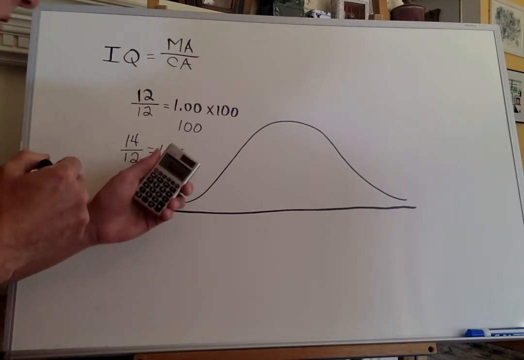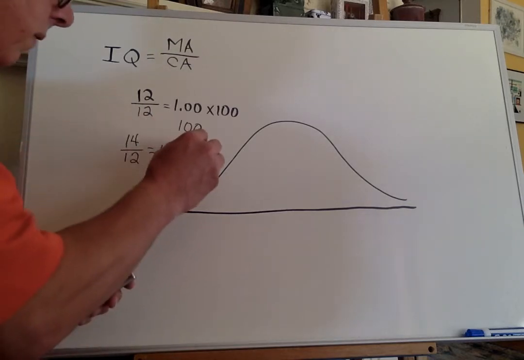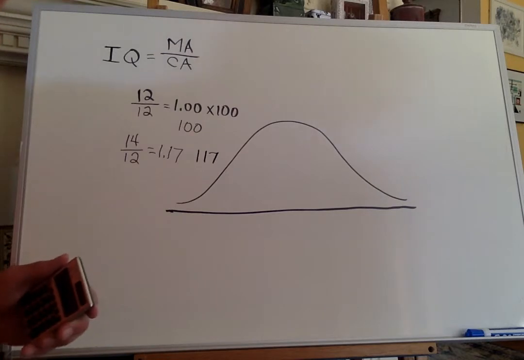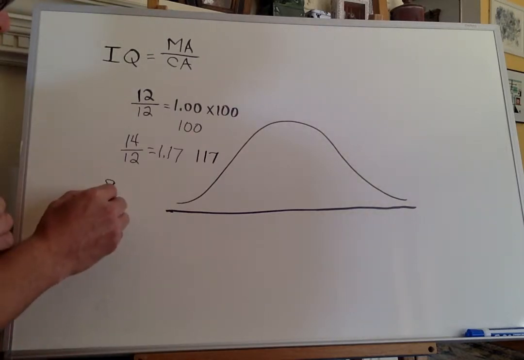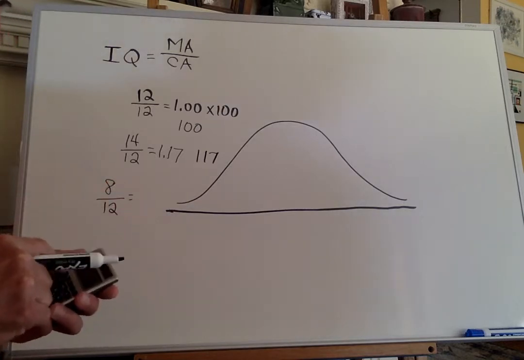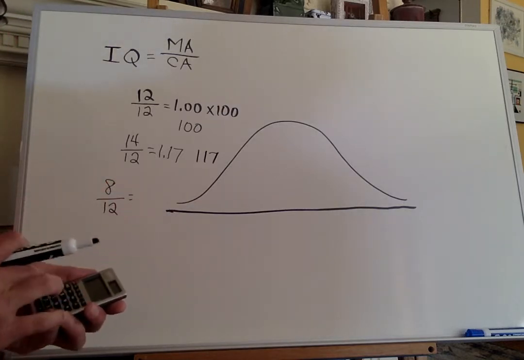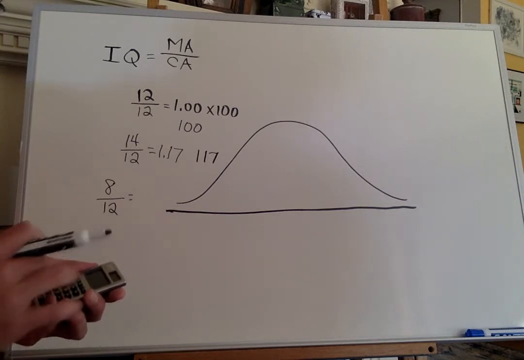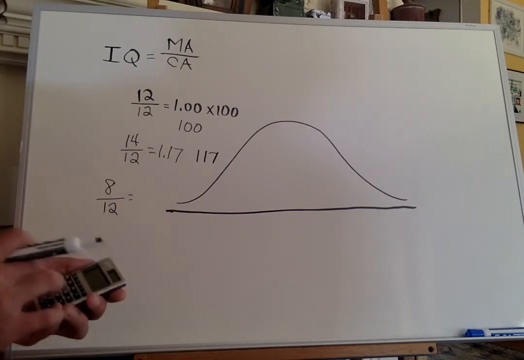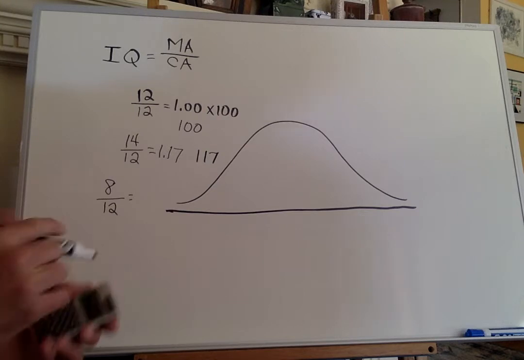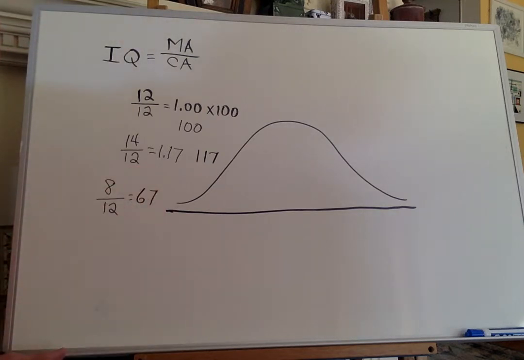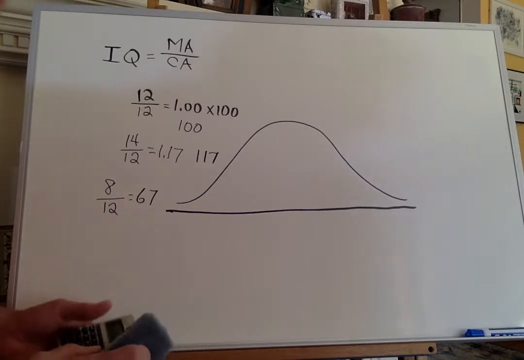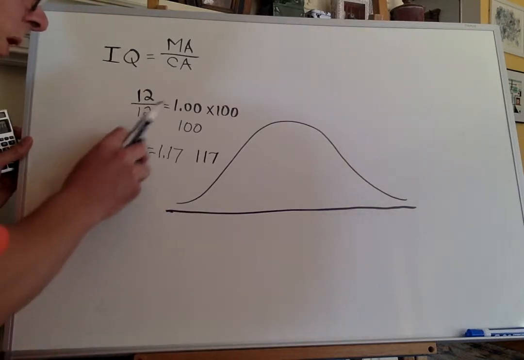Multiply that by 100. So this person would have an IQ of 117. If they had a mental age of 8, and they were 12 years old, that would give us 8 divided by 12, 0.67 times 100. That would give us an IQ of 67, okay? So that's how it works.